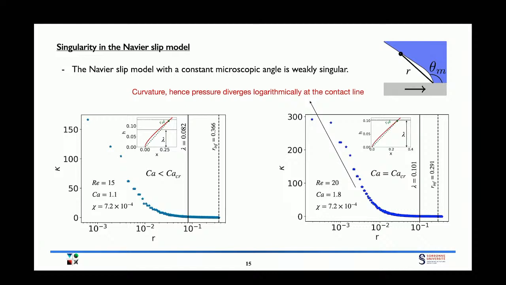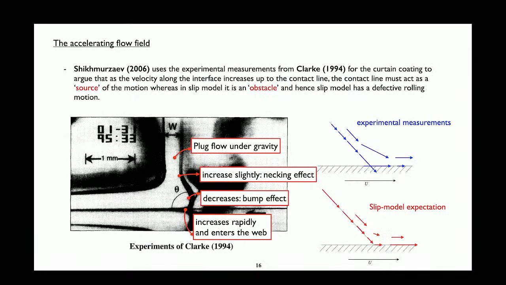So as we approach the contact line, the curvature diverges. This is a well-known fact in the Navier slip model. However, this divergence is logarithmic, so it's an integrable singularity, and we can have a steady state solution, but this divergence in curvature implies that pressure at the contact line is weakly singular in the Navier slip model.